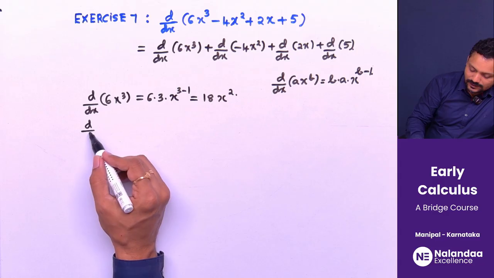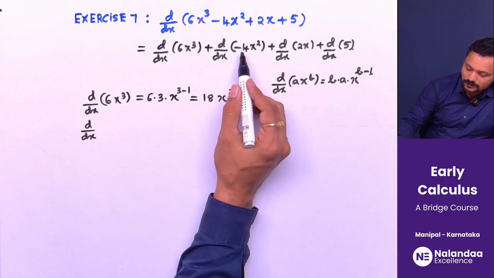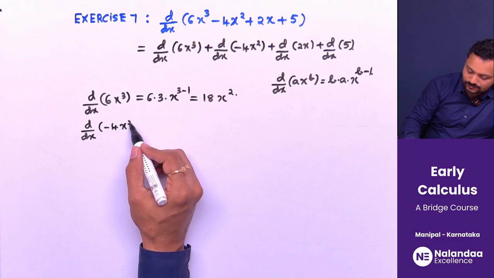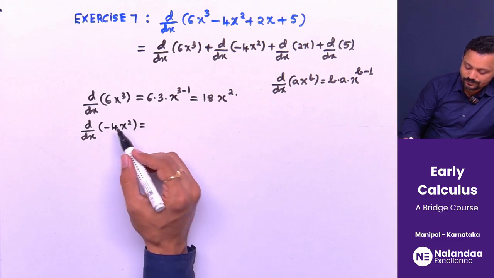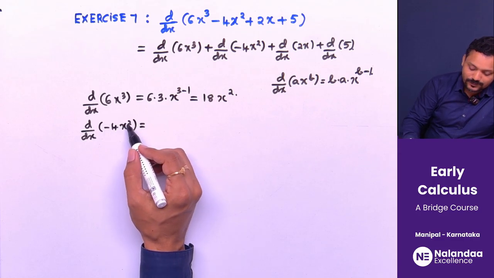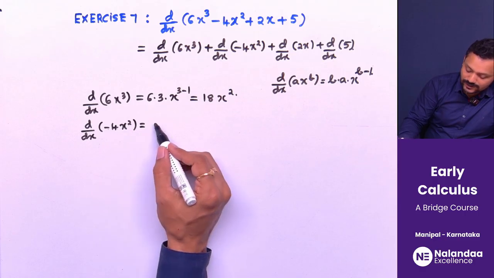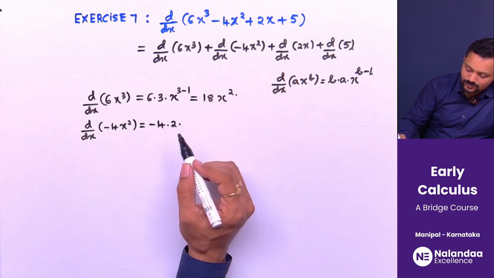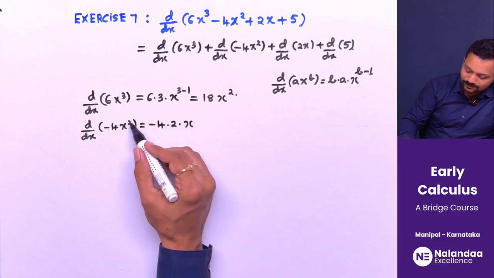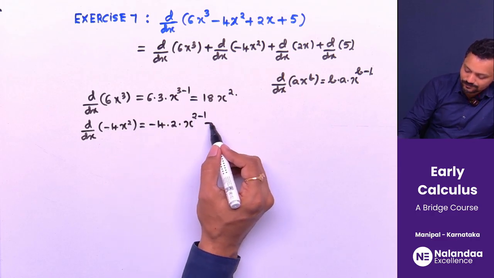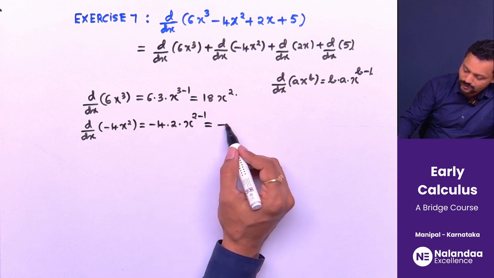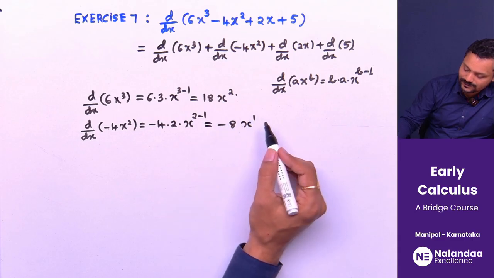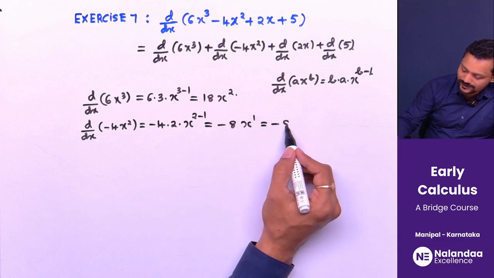Next, d by dx of minus 4x square. This is again of the form a x power b. So we will write minus 4 into 2 into x power 2 minus 1. Minus 4 into 2 is minus 8 into x power, this is 1. So this is minus 8x.